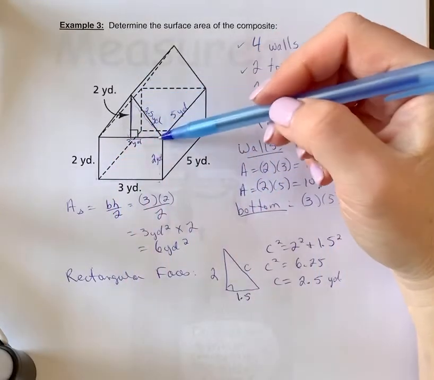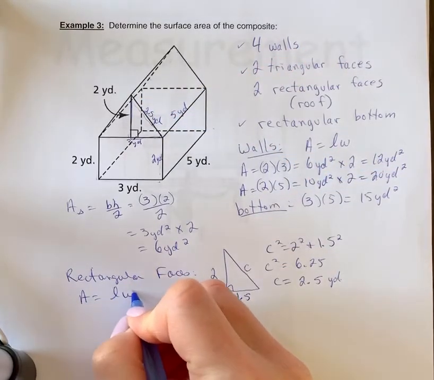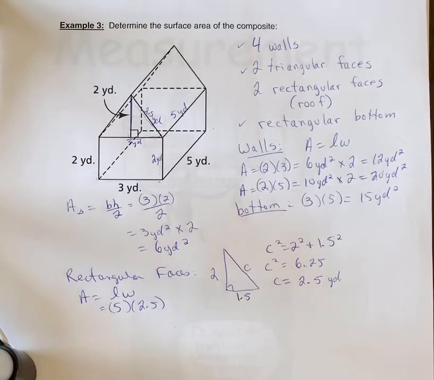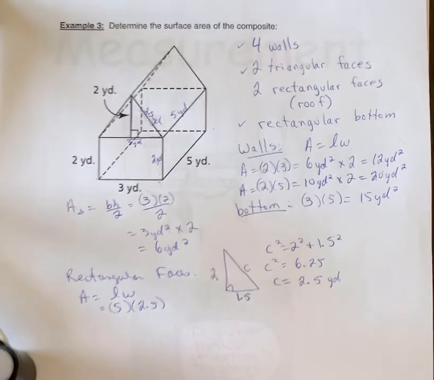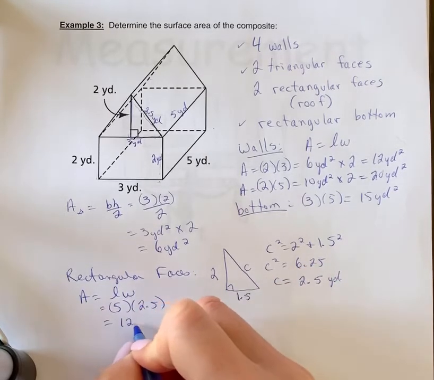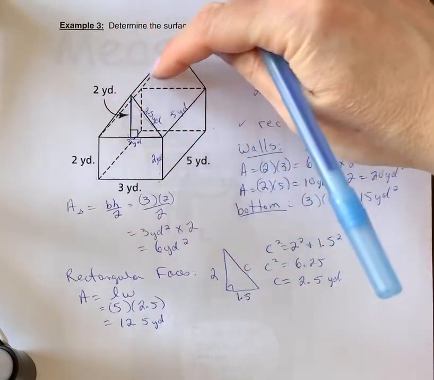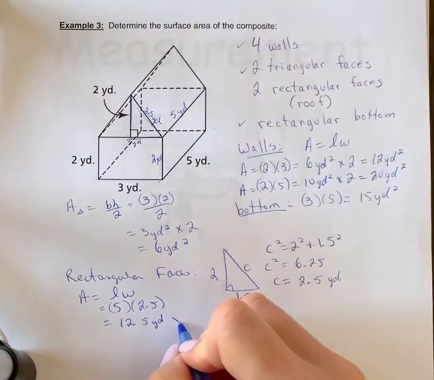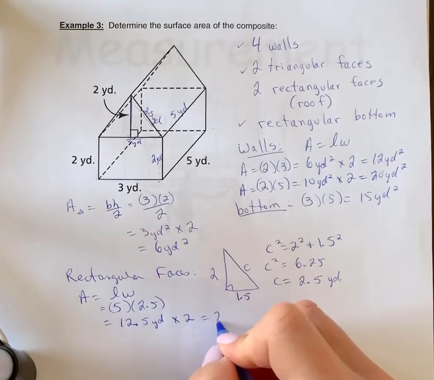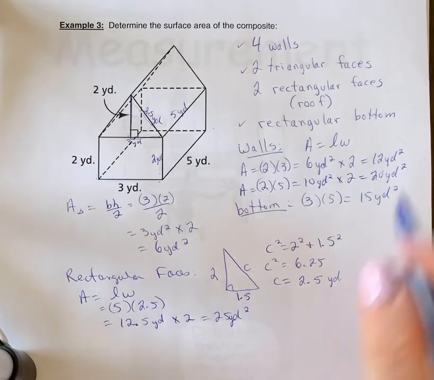That means this rectangular face's area is length times width. So we have 5 times 2.5. You're going to put that in your calculator as well, and you're going to get 12.5 yards squared. Now we have one here. We also have one on that back side over here. So we're going to double that, so times that by 2, and you're going to get 25 yards squared.